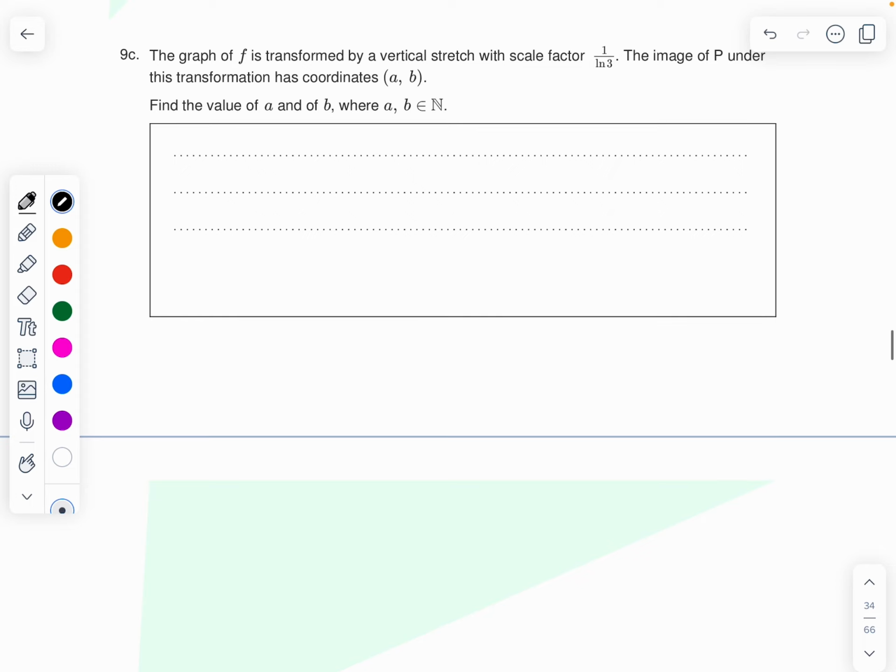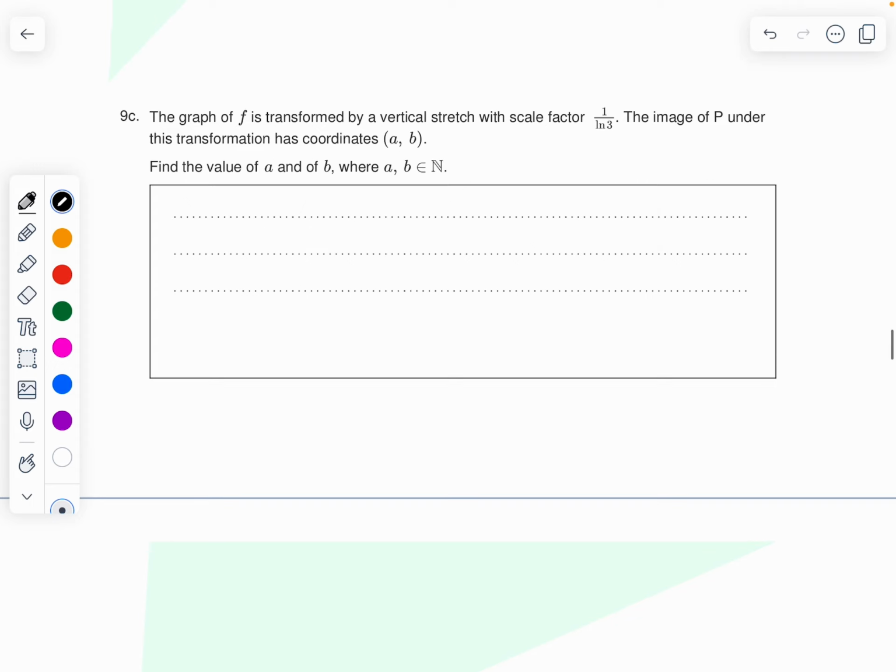The graph of f is transformed by a vertical stretch with a scale factor 1 upon ln 3. The image of P under this transformation has the coordinates a comma b. Find the value of a and b, where a and b belong to natural logarithms.